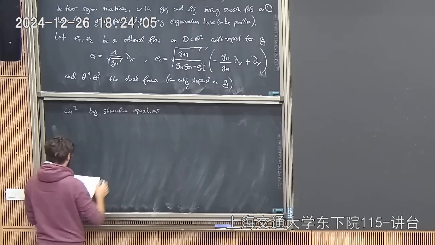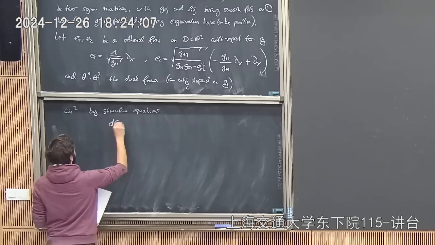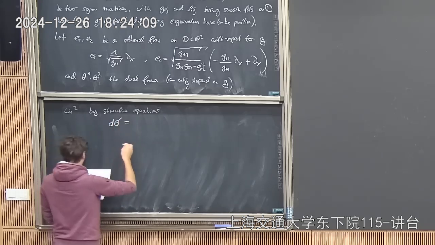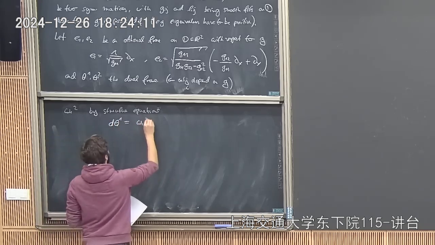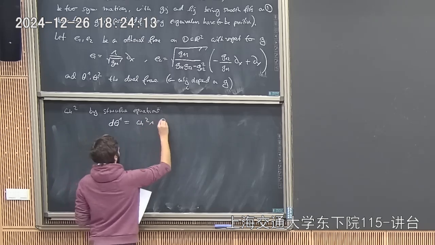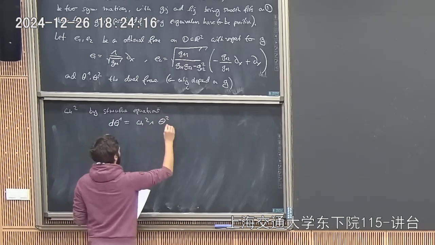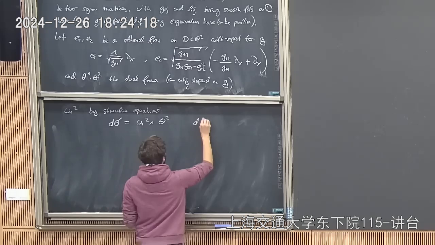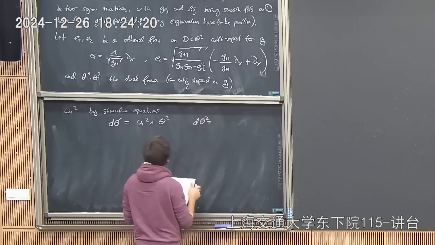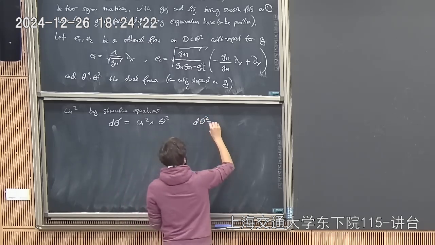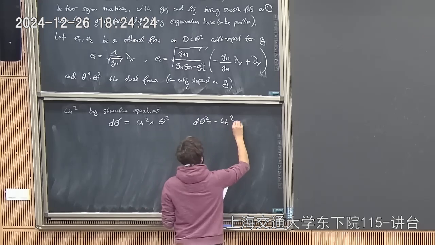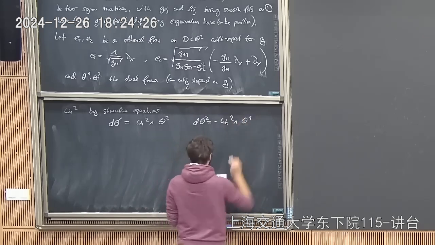That means we have d theta 1 equals omega 1,2 wedge theta 2, and d theta 2 equals minus omega 1,2 wedge theta 1.